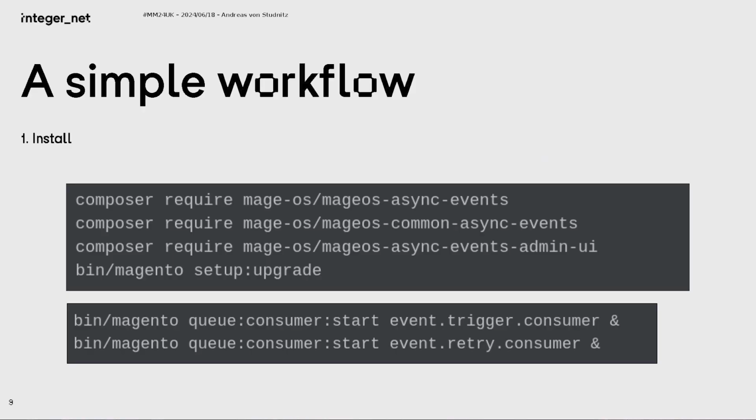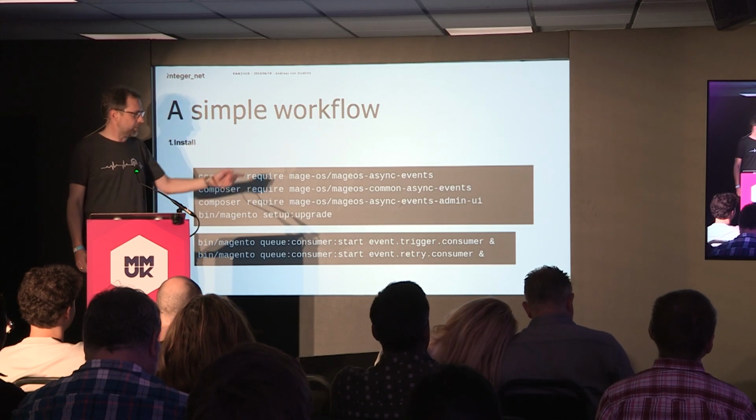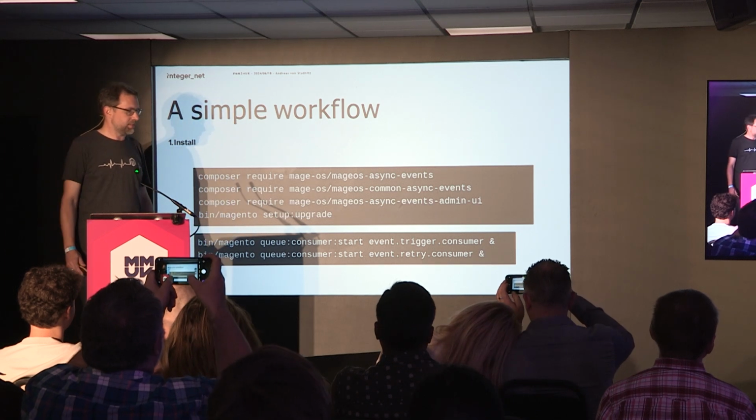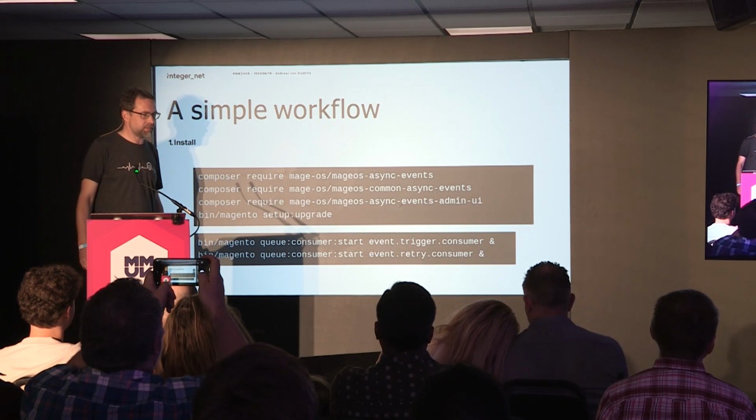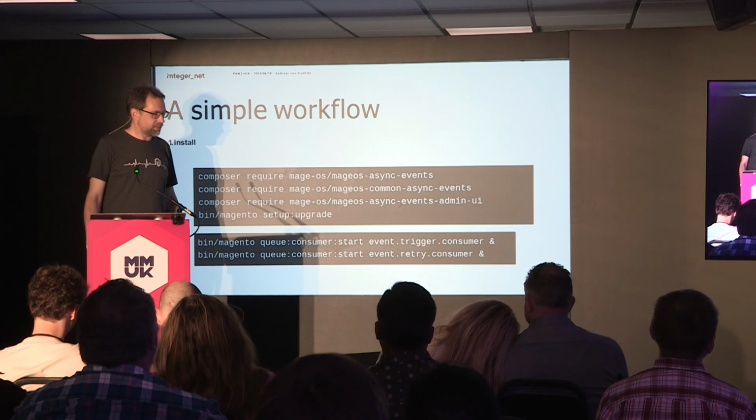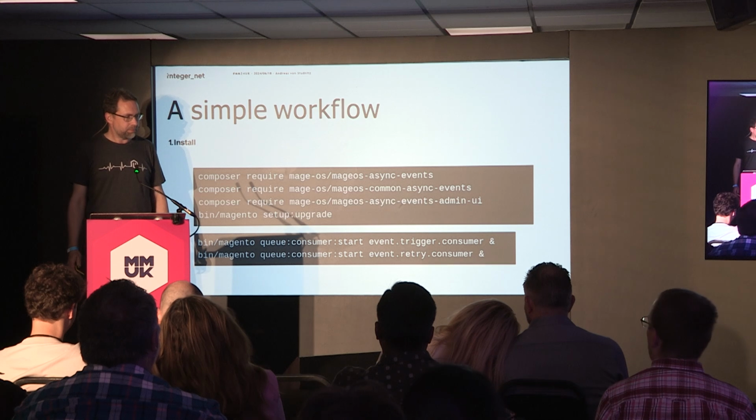How to install it? This is for the developers. It's mostly one composer require command, and I recommend adding 2 additional modules to that, which I have contributed to. One is about some common events, and the other is about an improved admin UI.